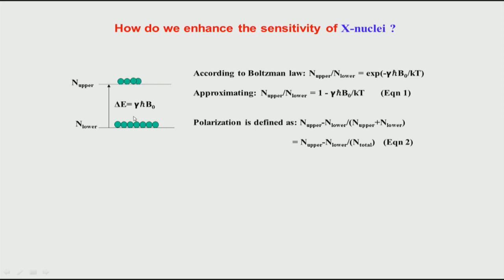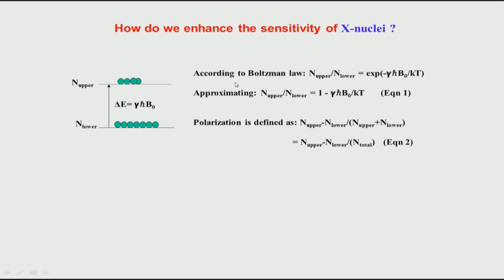This is called the lower state or alpha state, the spin plus half, and this is for spin value minus half, which we call the upper state. The energy gap between these two energy levels is given by this equation: delta E is gamma times h cross times B. This is what we have seen earlier, so this is more like a refresher for that part.